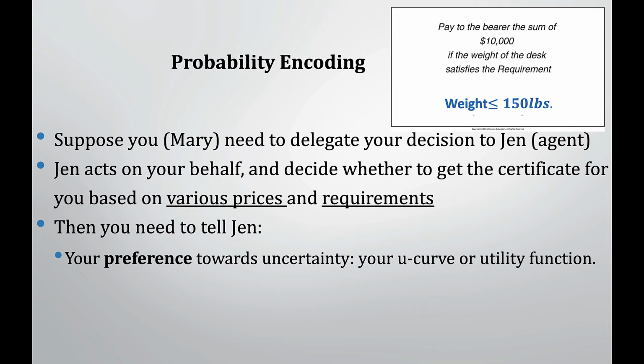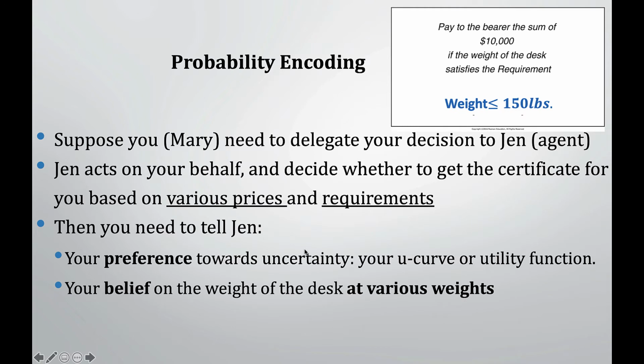So that is done. Also, since the auctioneer or the teacher might change the requirement to win the $10,000, then you need also to tell Jen your belief about the weight of a desk for different requirements.